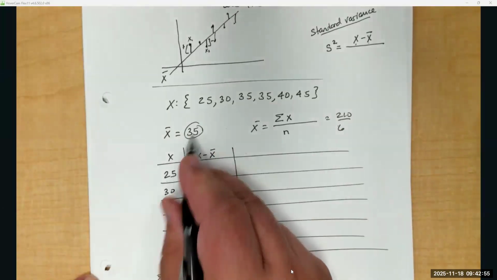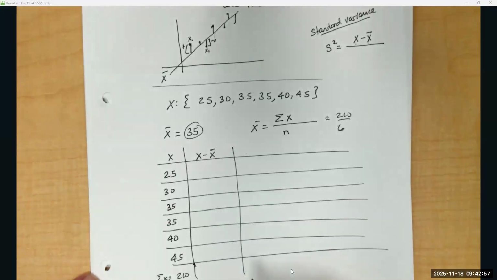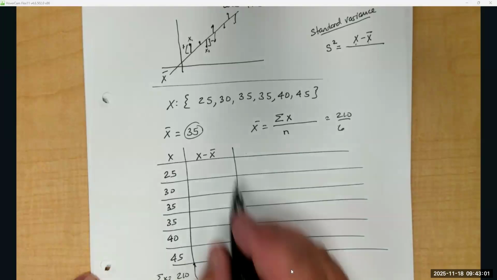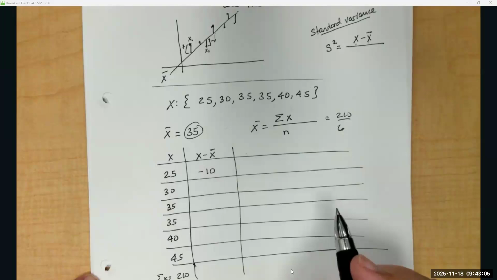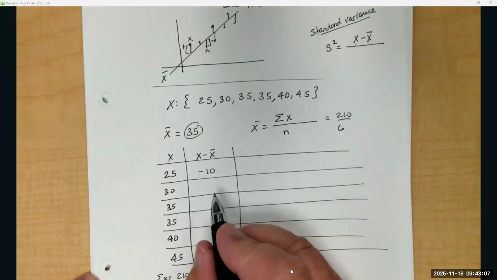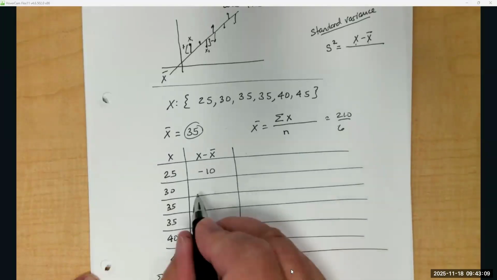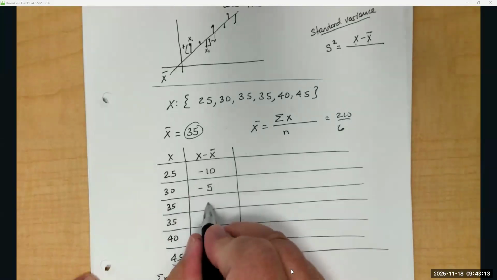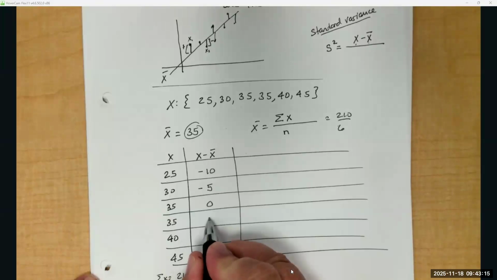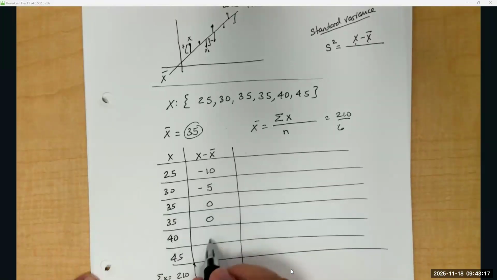So 25 minus 35 is what? Negative 10. 30 minus 35, negative 5. 35 minus 35 is 0. 40 minus 35, and 45 minus 35.